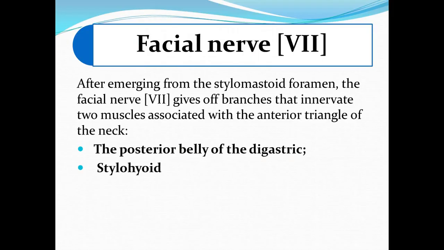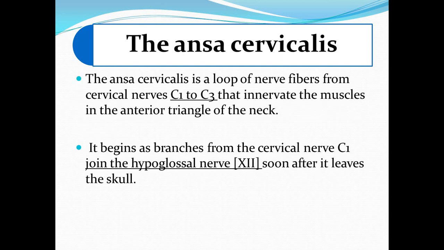The facial nerve, after it emerges from the stylomastoid foramen, as we knew when we talked about the ear and temporal bone, then gives off several branches. The branches that are associated with the anterior triangle are the branches that innervate the posterior belly of the digastric and the stylohyoid muscle. Then the ansa cervicalis.